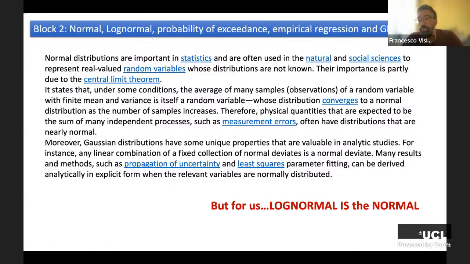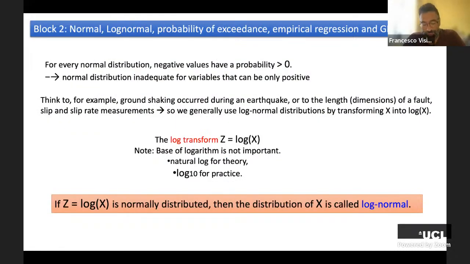But unfortunately for us, the log normal is the norm. This is because in geology and engineering, we deal with variables that cannot take negative values. If we think, for example, of the ground shaking occurring during earthquakes, or the length of a fault we are measuring, or the slip rate, we are always talking about positive numbers.